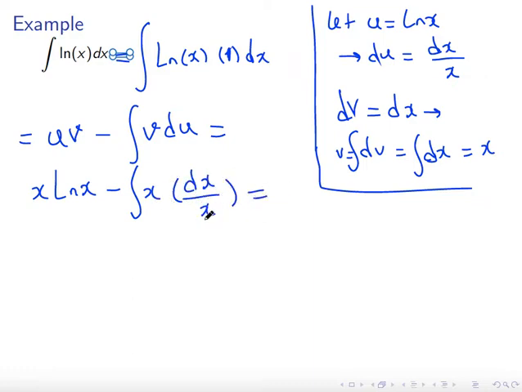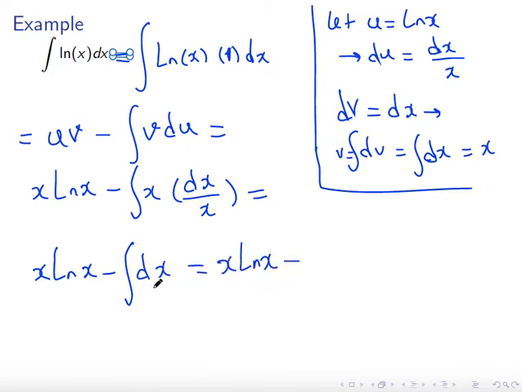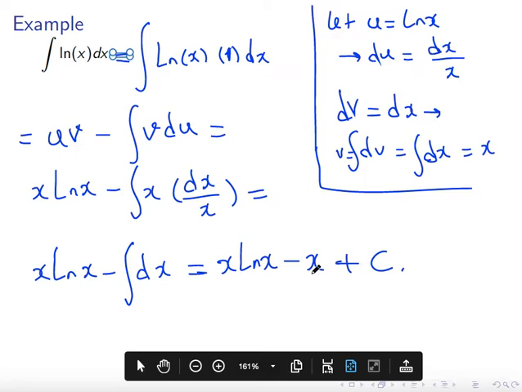If you simplify this x with this x, you will get x ln of x minus the integral of dx, and the integral of dx is just x, the antiderivative of 1. And don't forget plus c. If you find the derivative of this function, you'll see that we are back to our original function ln of x, and this means that we found the answer of the integral correctly.